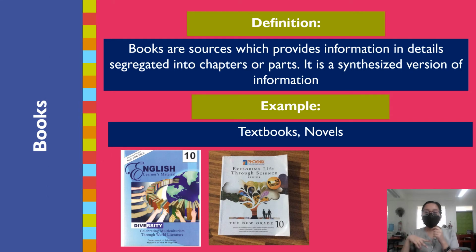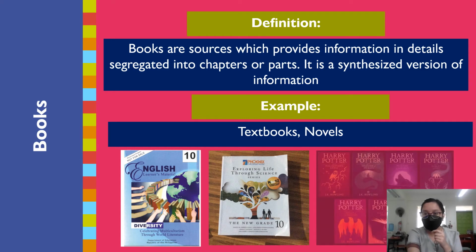Number two, we have books. So, of course, books are sources which provide information in detail segregated into chapters or parts. It is synthesized, when we say synthesized, it means summarized version of information. So, ano bang books yon? So, we have English books and different kinds of books. Halimbawa, you call this textbook, itong dalawang to.